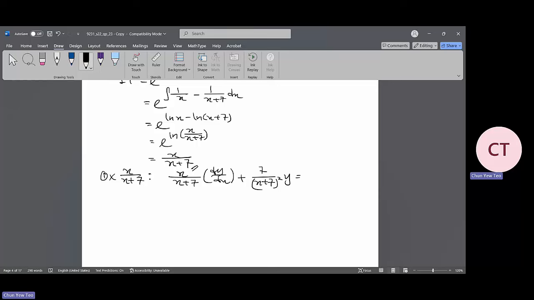That is equal to x over x plus 7 square. So your left hand side is actually similar to this, IF multiplied by the y. Then your right hand side is this.